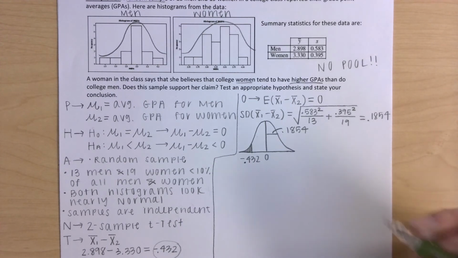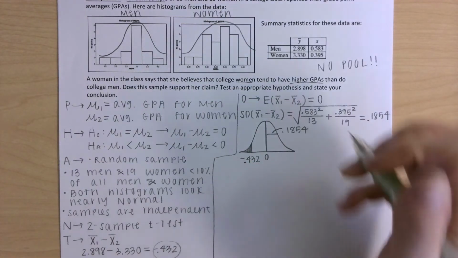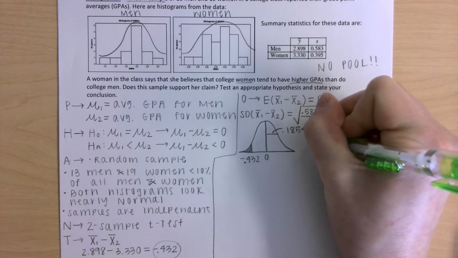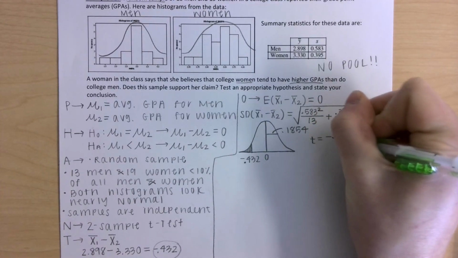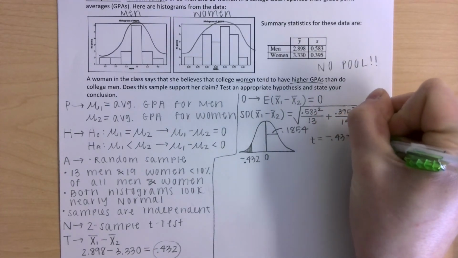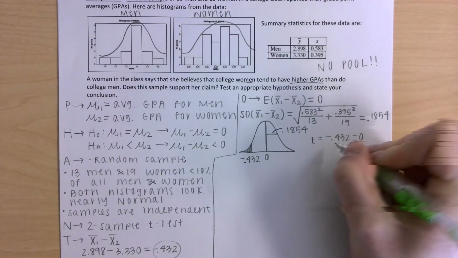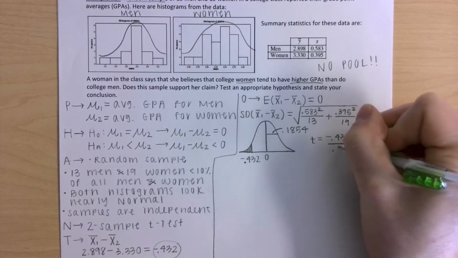Okay, from here I need to find a t-score, so I'm going to change this test statistic into a t. So I have negative 0.432 minus 0, and I'm dividing by that standard deviation.